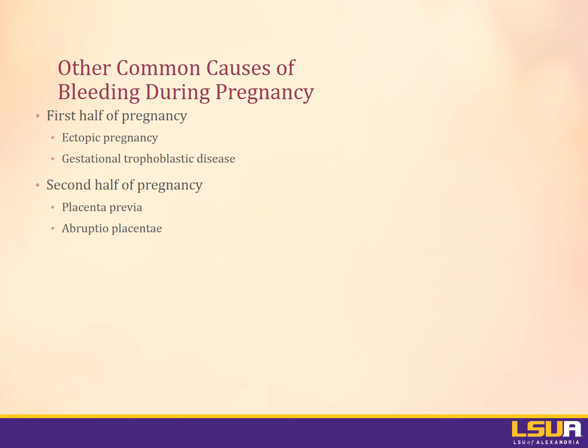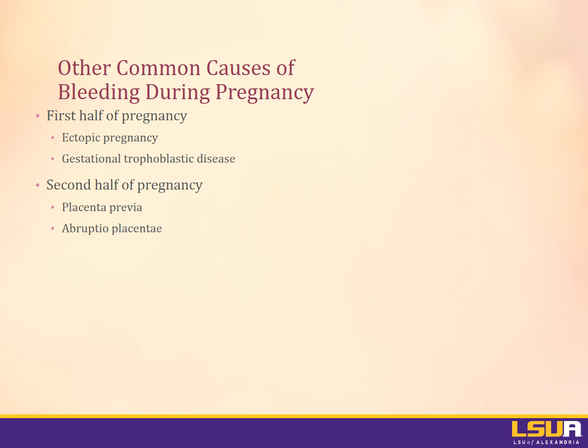Other common causes of bleeding during the first half, we talked about this a little bit in the beginning of the semester. She may have an ectopic pregnancy and start having a lot of pain with bleeding, or gestational trophoblastic disease, which is also called the molar pregnancy.